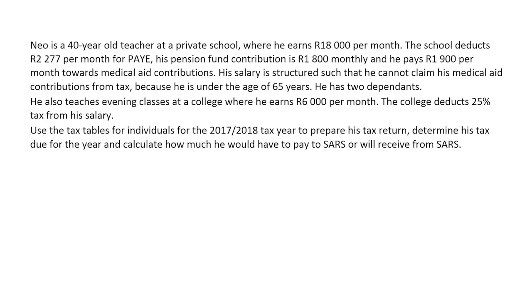Now, Neo is a 40-year-old teacher. That's our first point. And he works at a private school where he earns 18,000 per month.